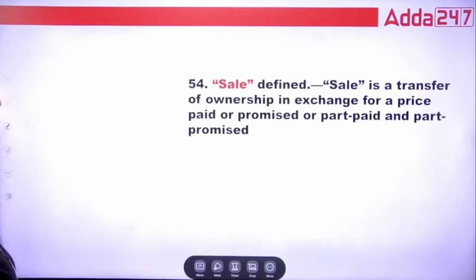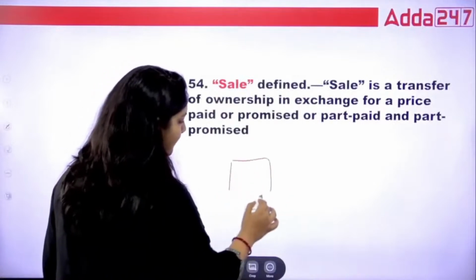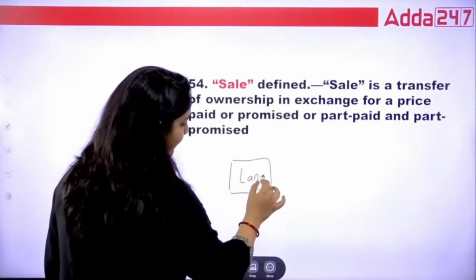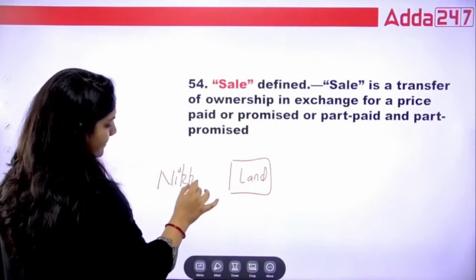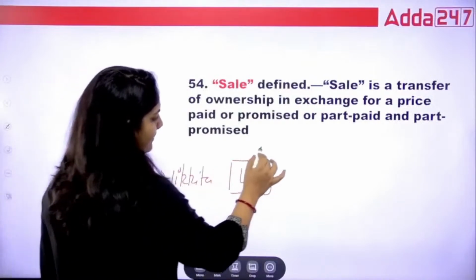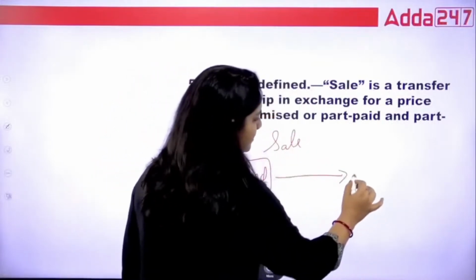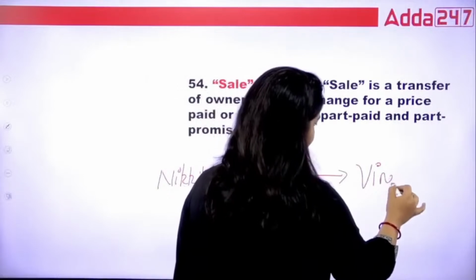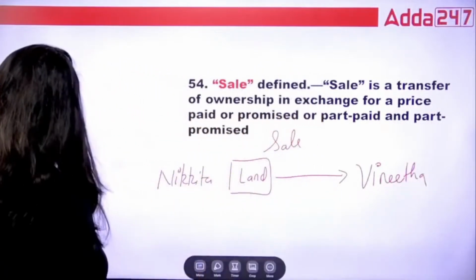Now, what is sale? That is very important. Suppose this is my property. This is a land, right? If Nikita ma'am sells that land to Vinitha ma'am, what will happen in that case, guys?